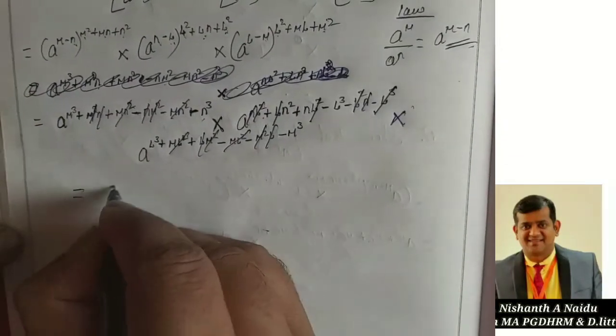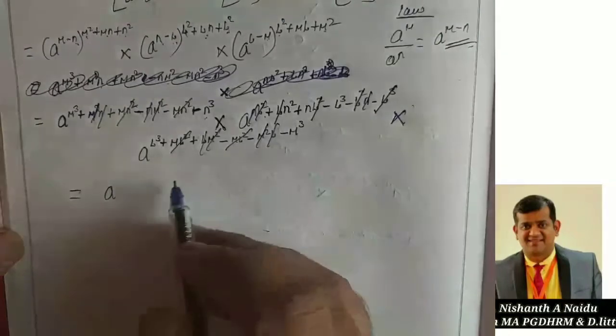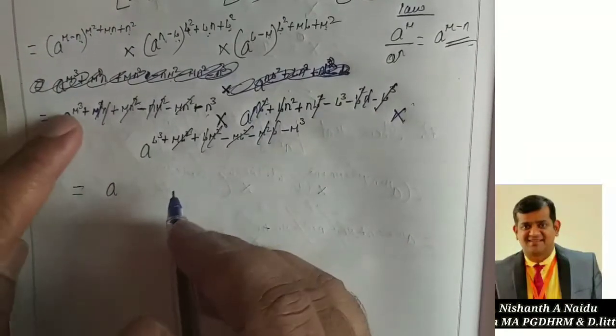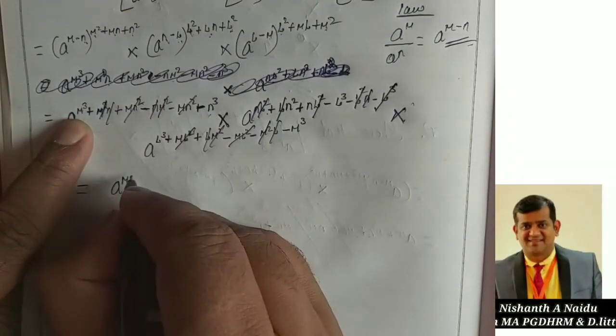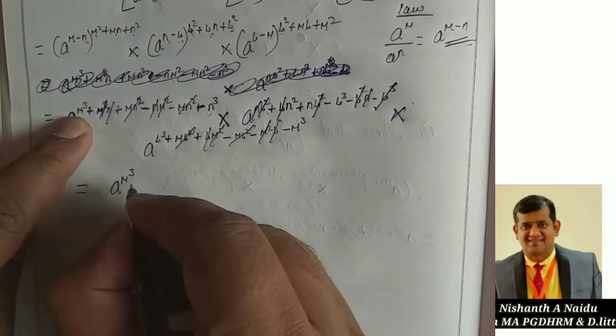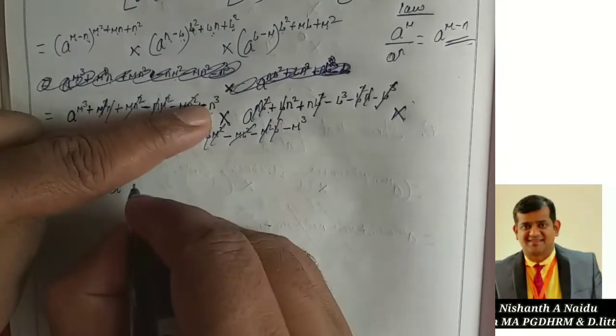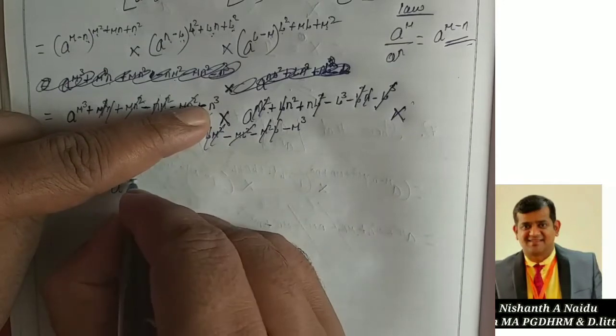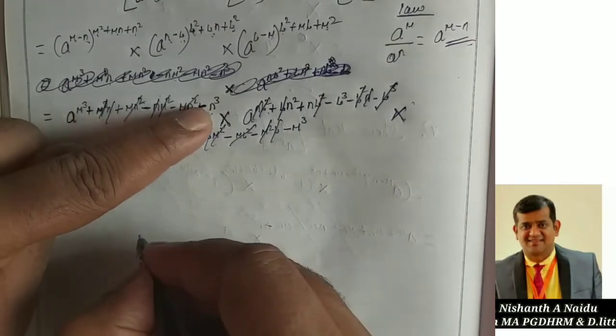So left out is a to the power, since bases are same, I'm adding it. Left out is a to the power of m to the power of 3 and n to the power of 3 minus n to the power of 3.